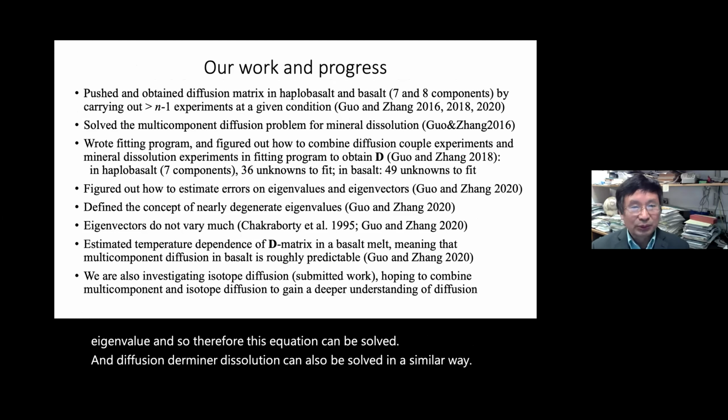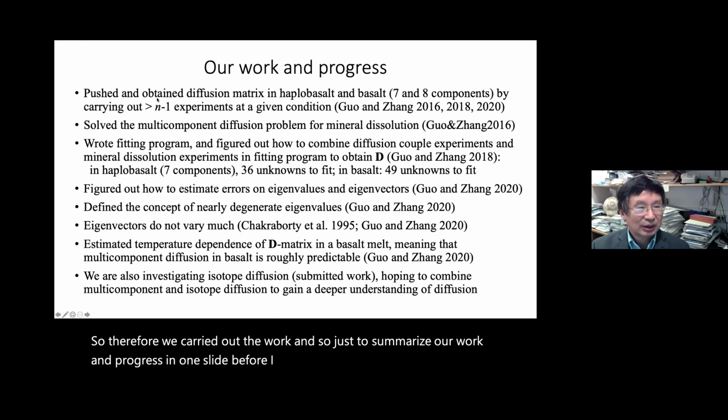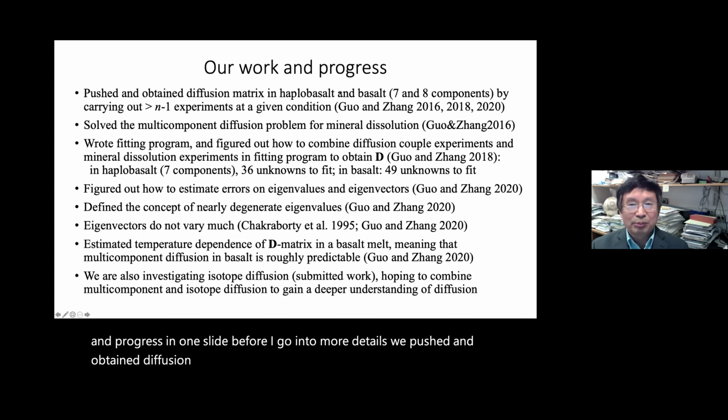So we carried out the work. Just to summarize our work and progress in one slide before I go into more details: we obtained the diffusion matrix in a 7-component haplobasalt and also an 8-component basalt by carrying out at least N-1 experiments.